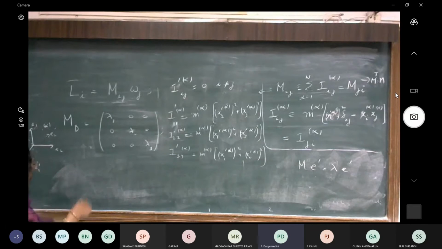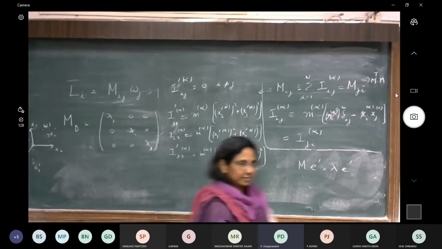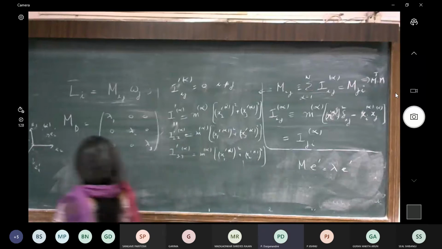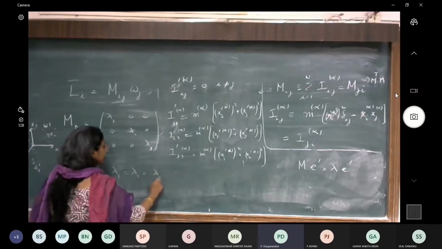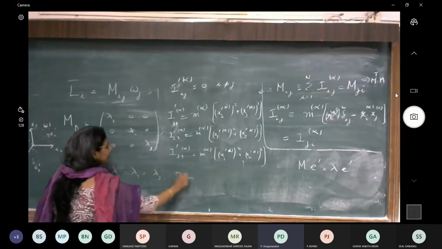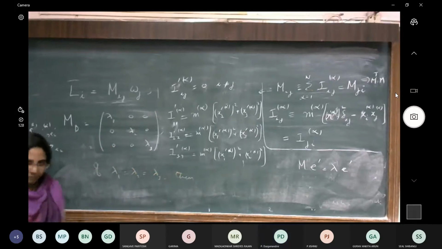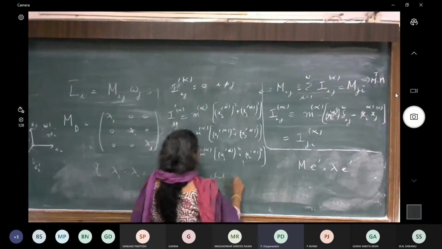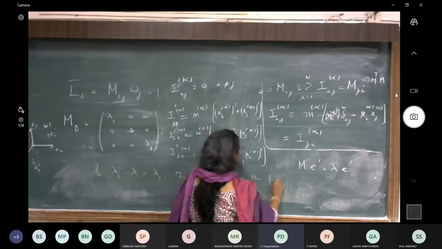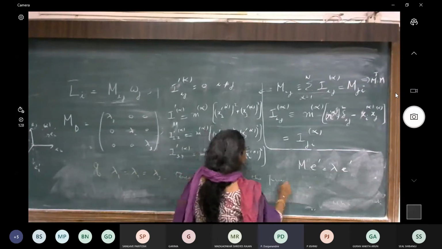I could even ask one more question. Suppose all three are the same. Suppose lambda 1 equal to lambda 2 equal to lambda 3, then what are the principal axes? Can you say something about the rigid body in that case?